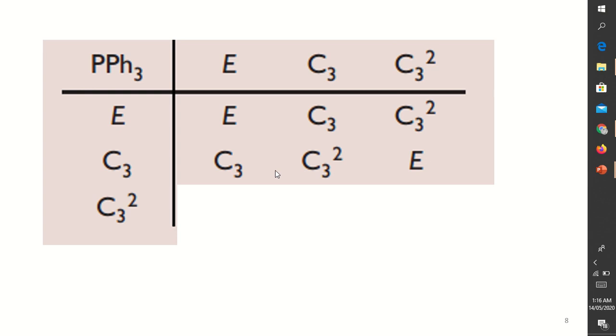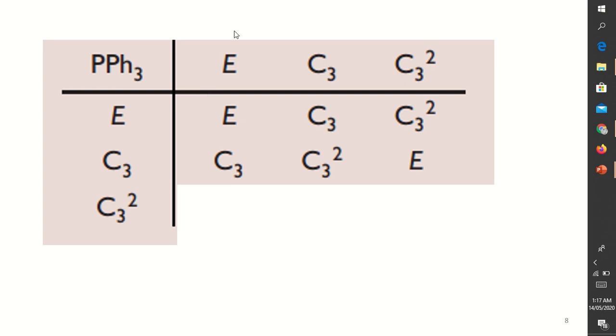Now let's talk about the third symmetry operation, which is C3 twice. Now we have to multiply C3 twice with all the symmetry elements and operations of triphenylphosphine.